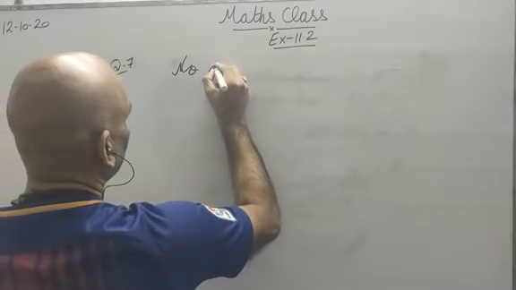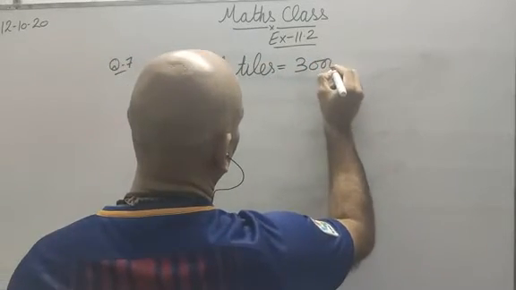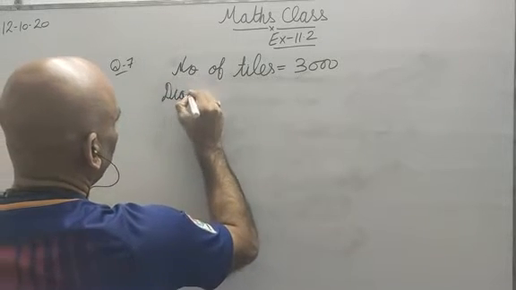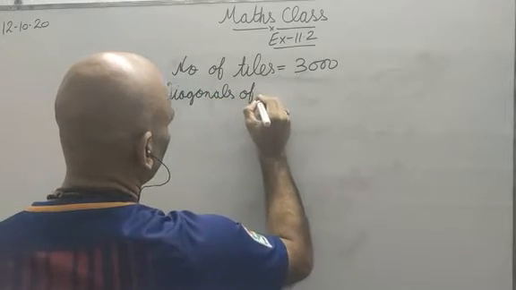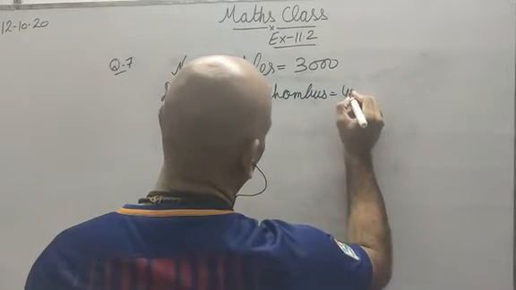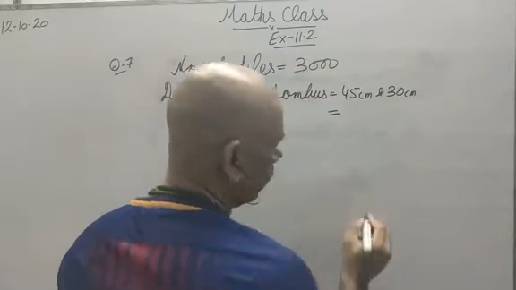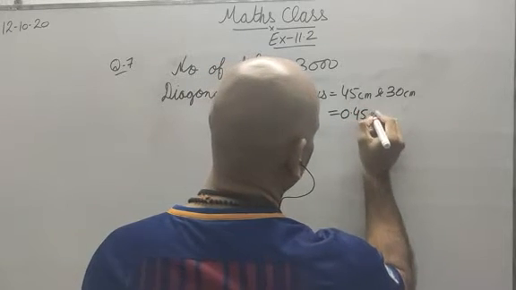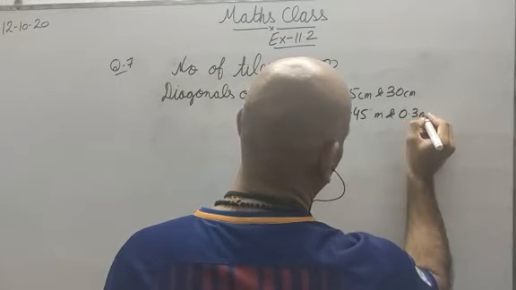Number of tiles is 3000. Diagonals of the rhombus are given as 45 centimeter and 30 centimeter, or you can say 0.45 meter and 0.3 meter.